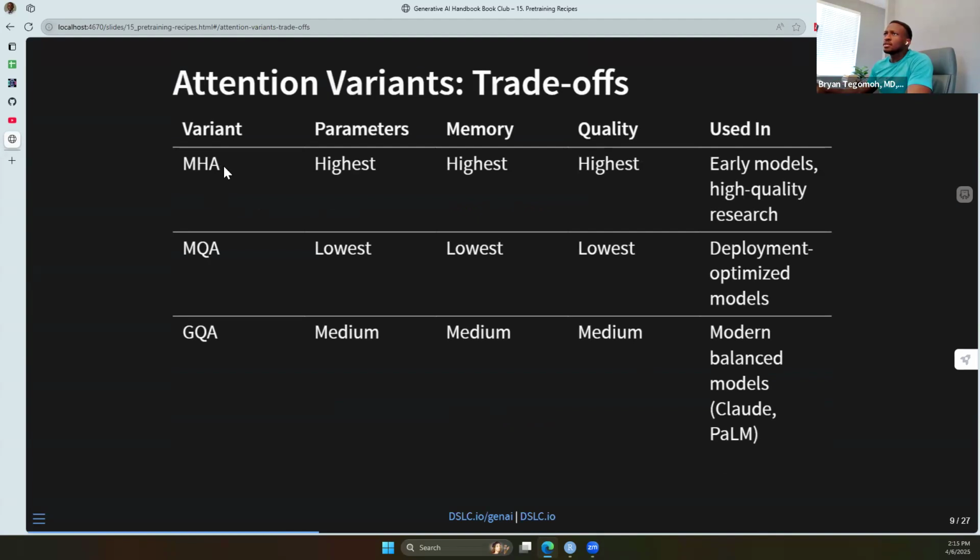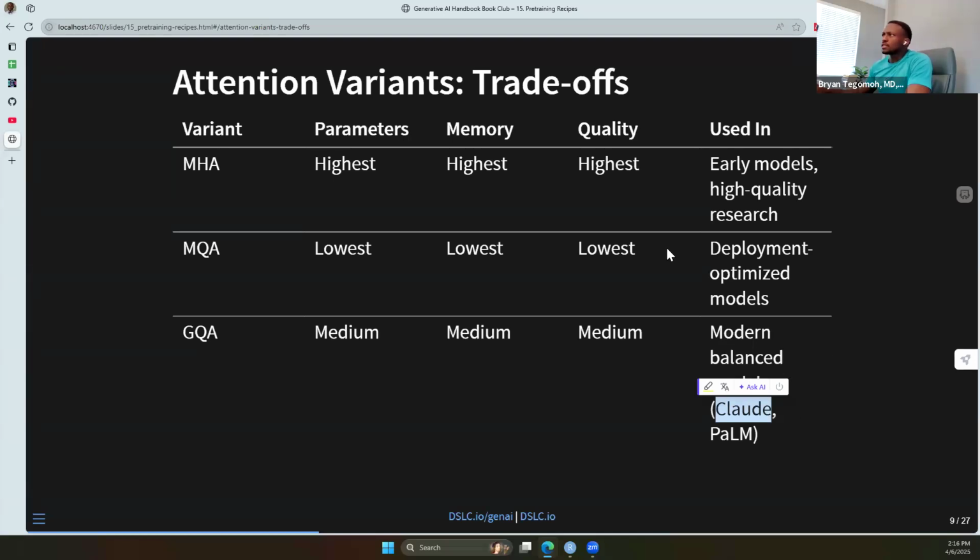Then for the trade-offs, here's how the attention variants compare. As I said earlier, multi-head attention is the most expressive, but also the most computationally expensive. MQA is a little bit moderate and more memory efficient, and GQA is a more balanced model between the two. GQA, the grouped query attention method, is currently being used by Claude AI from Anthropic and also by PaLM.